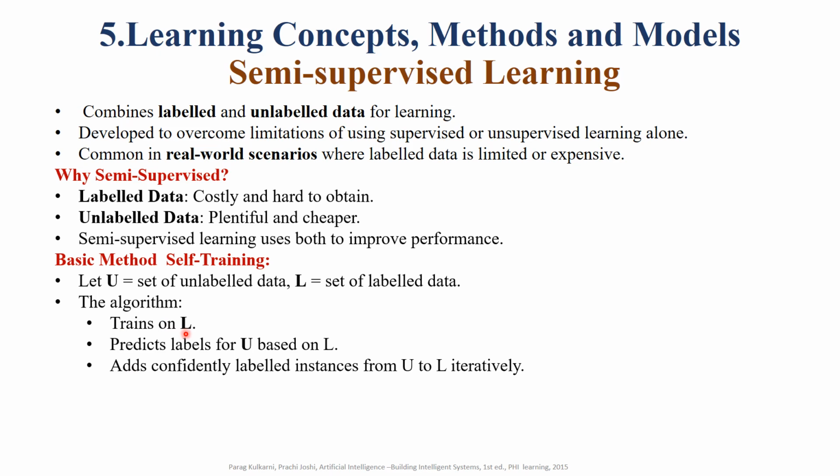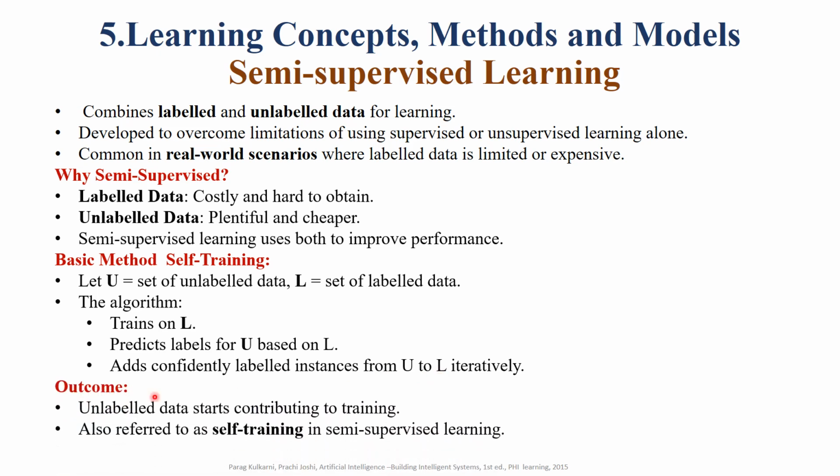Then we will be predicting the labels for this set of unlabeled data based on this labeled data, after which we'll confidently add some labeled instances from U to L iteratively. This is the algorithm. So the outcome would be that unlabeled data starts contributing to the training process. Also, it's referred to as self-training in semi-supervised learning.